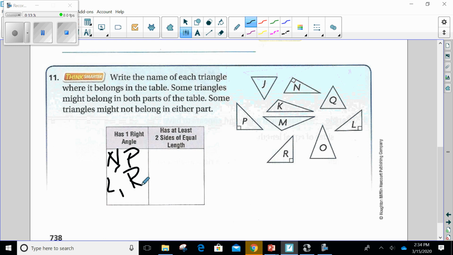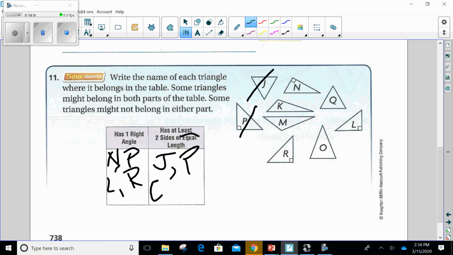Has at least two sides of equal length, which means it could have three sides, couldn't it? But it has to have at least two. Well, I see J does. J is an equilateral triangle. Oh, I'd say P. Some are really tricky. P does. K does not. I don't think N does.